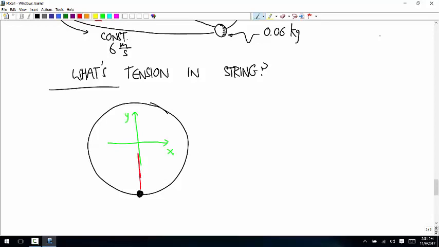Centripetal acceleration direction is towards the center. So it's in the positive y direction. The magnitude is 6 squared divided by the radius. So that's 144 meters per second squared.